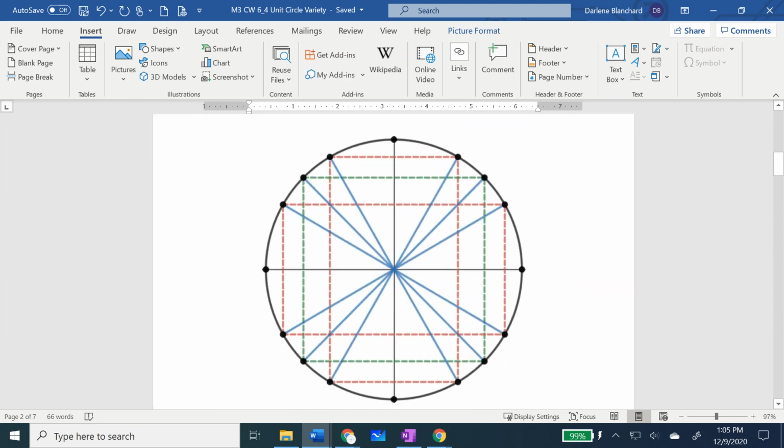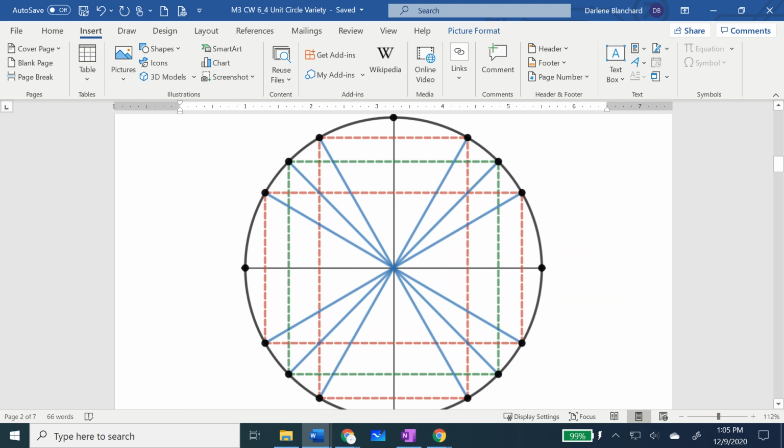This particular circle has different colors for the vertical and horizontal lines. Some of them are red, some of them are green. The reason I have them as different colors is because they represent two different ways to cut up the unit circle where they actually don't have anything to do with each other.